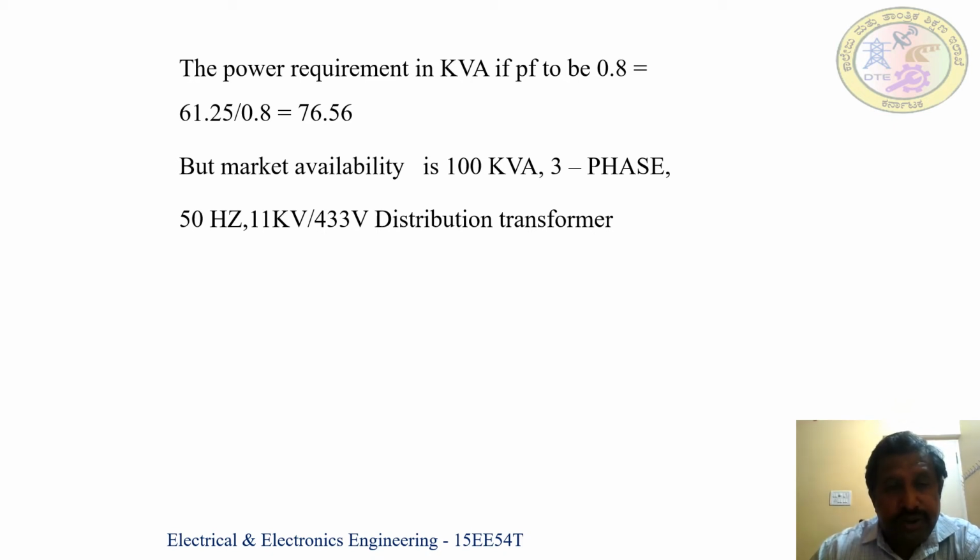So that is 61.25 divided by 0.8. That gives 76.56 in kilovolt amps. But the market availability is 100 kVA. Then the specification of transformer required for this load is 100 kVA, 3 phase, 50 Hz, 11 kV by 433 volts distribution transformer.